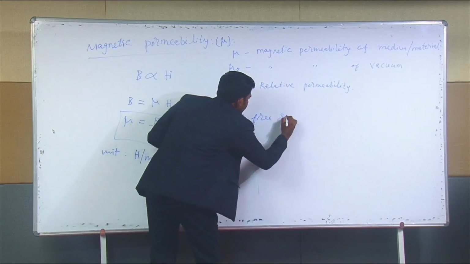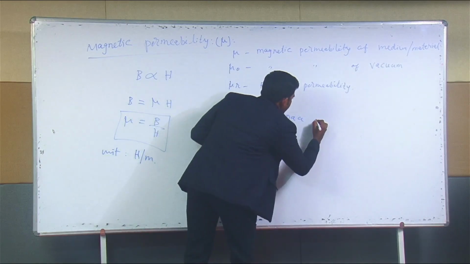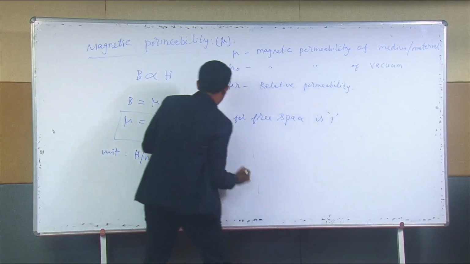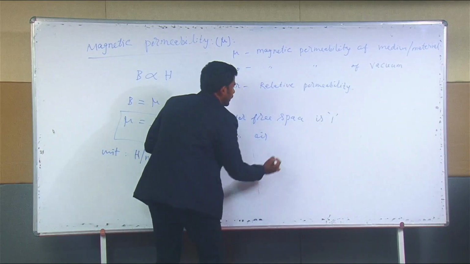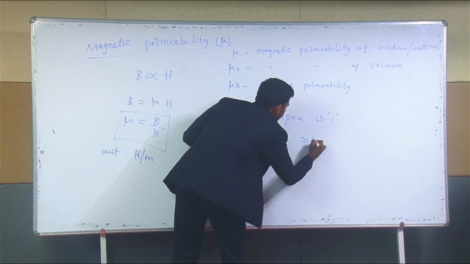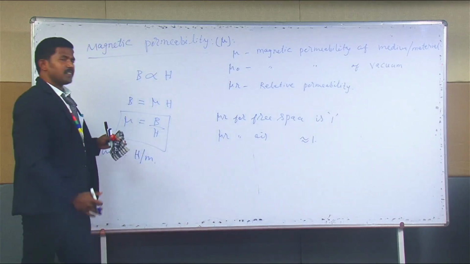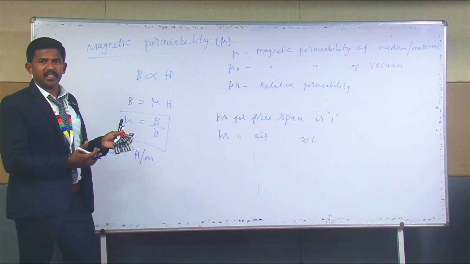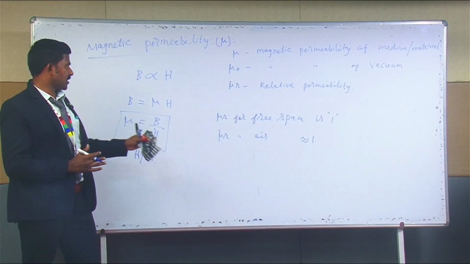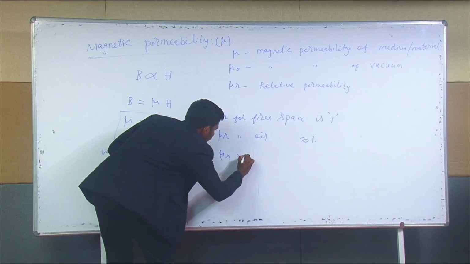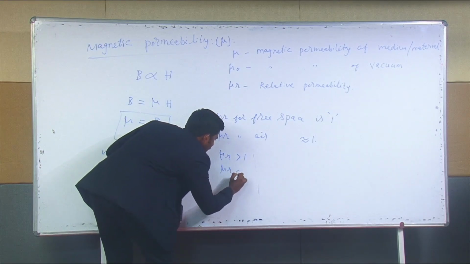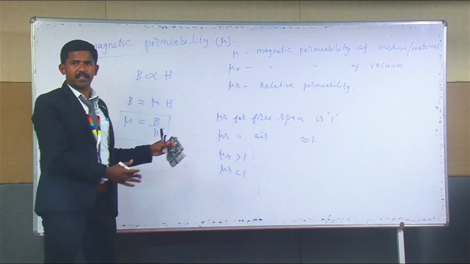Mu r for free space is 1. Mu r for air is approximately 1. So depending upon the relative permeability, we can classify the materials. For example, mu r greater than 1 or mu r less than 1 fall under certain categories.